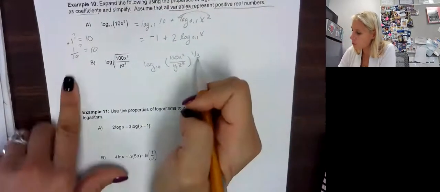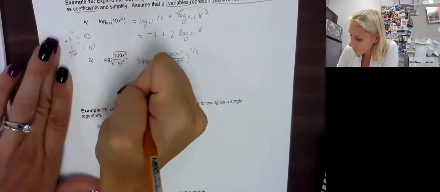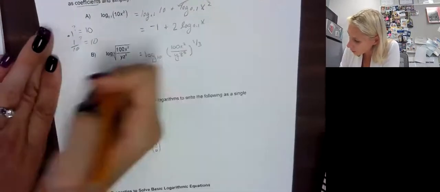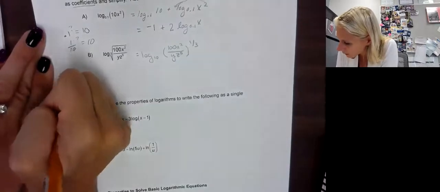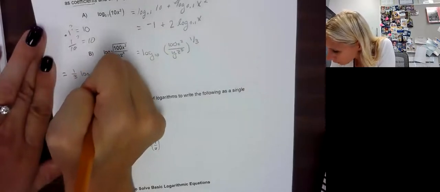Now, of course, we're going to put the 1/3 in front, right? Because that's where our exponents go. I'm going to actually start over here so that way I use more room. So right now I have 1/3 log base 10 of 100x squared all over yz to the 5th.